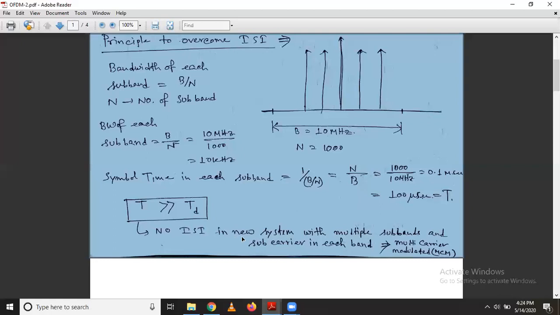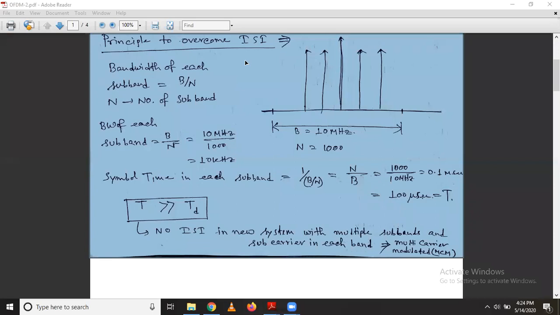So this is a new system. In this new system, there are multiple subbands. For each subband, you have to assign some carrier frequency, that is a subcarrier. So in each subband, some subcarrier will be assigned.